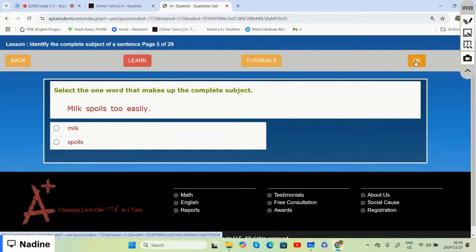And if we were to select the complete subject, then we would say milk.